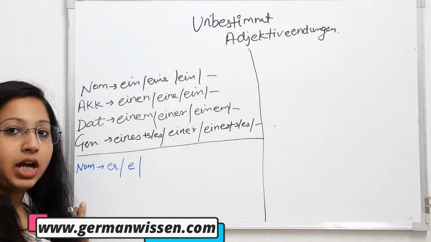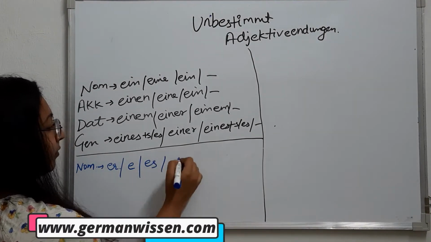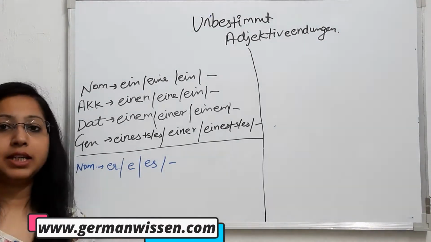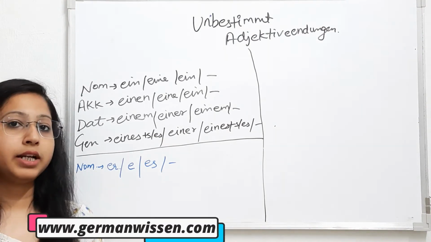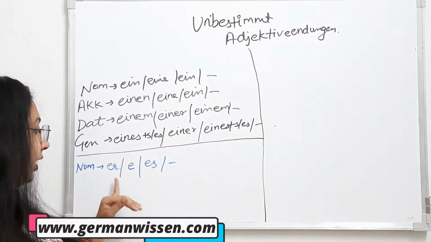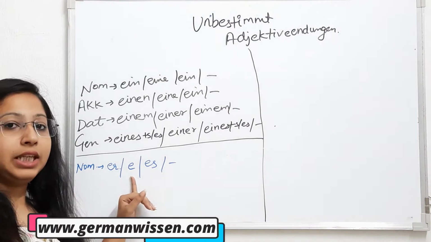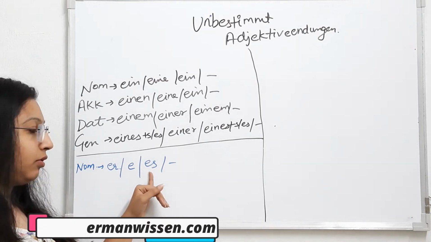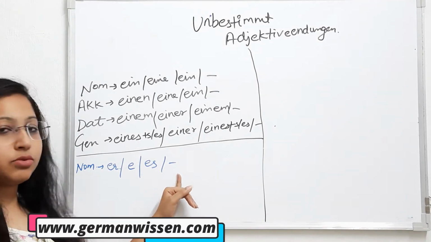Then we have das. For das, we are not taking as but es. This is how you can memorize these, because we are simply taking the ending of the bestimmt articles. Masculine is der, we take er. Feminine is die, we take just e at the end. Neutral is das, we take es of that. And because it is unbestimmt, there is no plural.